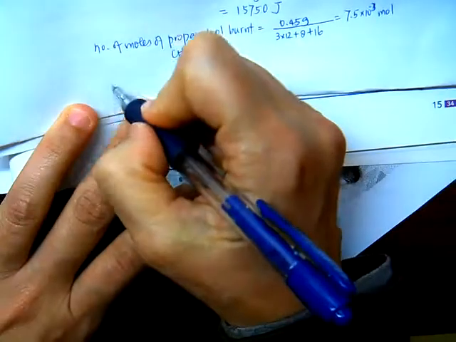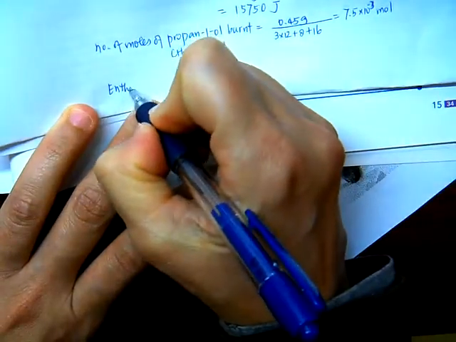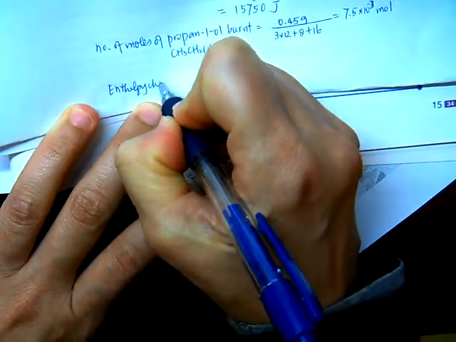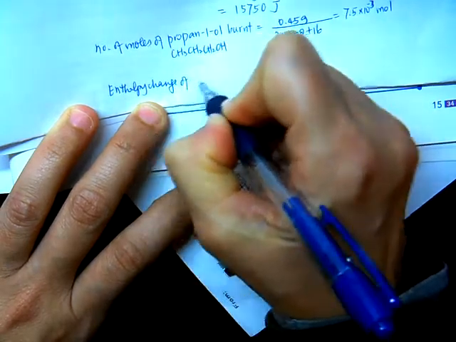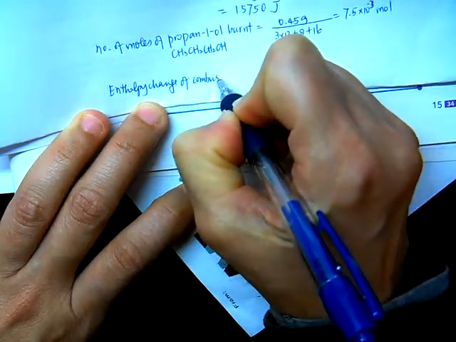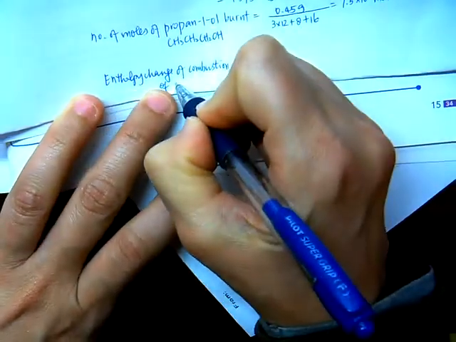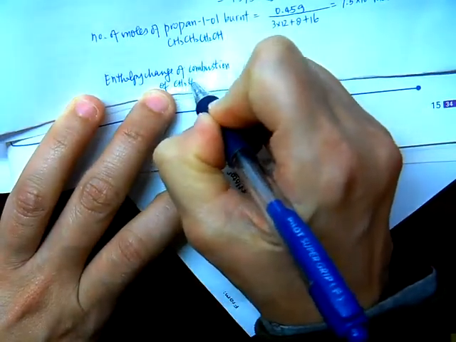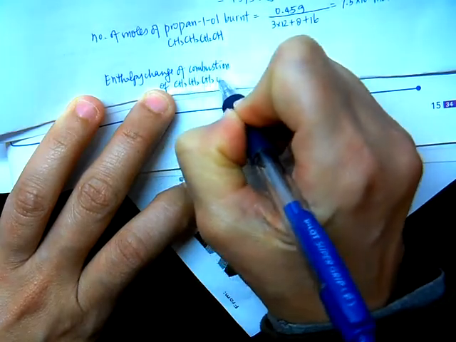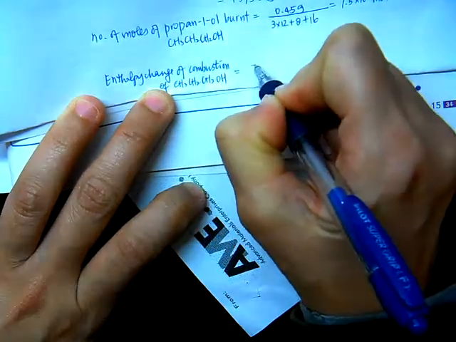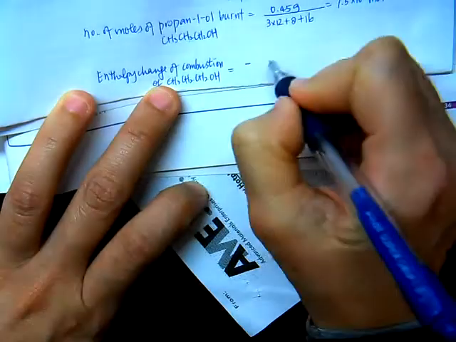Lastly, work out the enthalpy change of combustion. Bear in mind you need to write down a few words for your expression, combustion of propan-1-ol. Bear in mind the negative sign because it is an exothermic reaction.